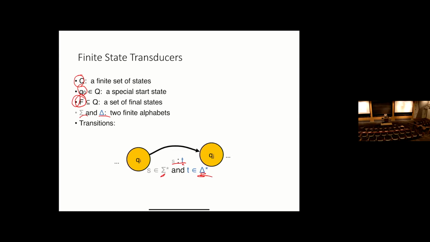So basically, when you go across a transition, you read the input symbol from the input tape, and you write the output symbol to the output tape. Any questions?